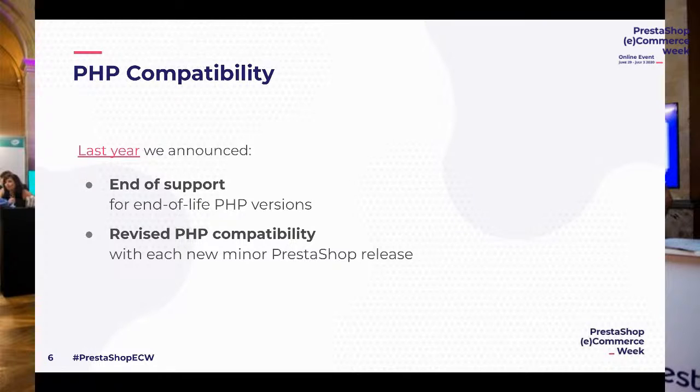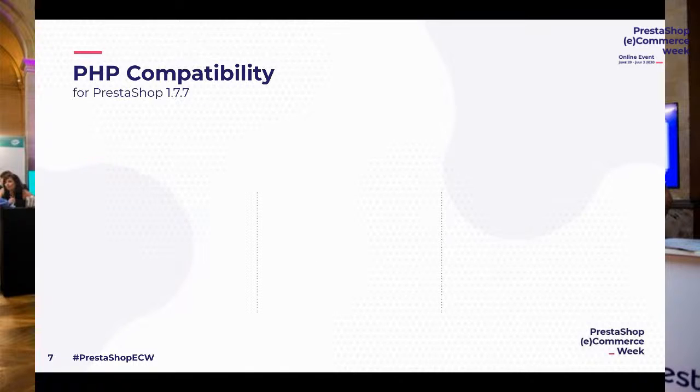Following this announcement, 1.7.7 is the first version that takes this new policy into account. For PrestaShop 1.7.7, the minimum compatibility for PHP has gone up from 5.6, which is no longer supported, to 7.1.3.